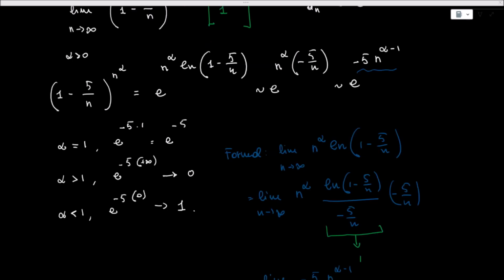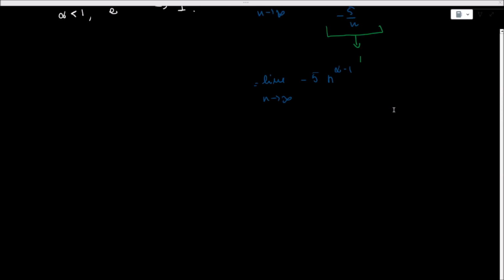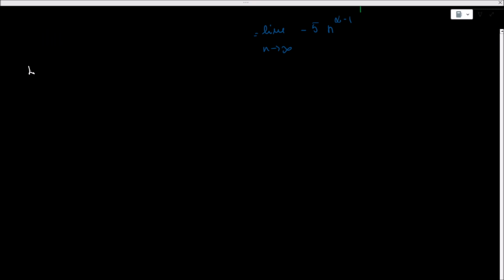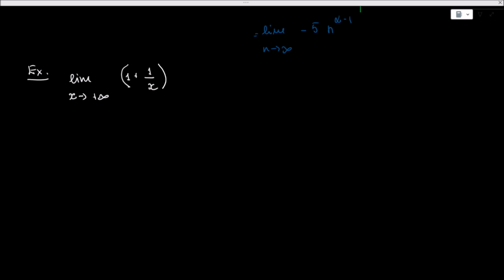Another interesting example is the following limit. Let's say we have the limit as x goes to plus infinity of 1 plus 1 over x all raised to the x, minus e, and this is now multiplied by x.